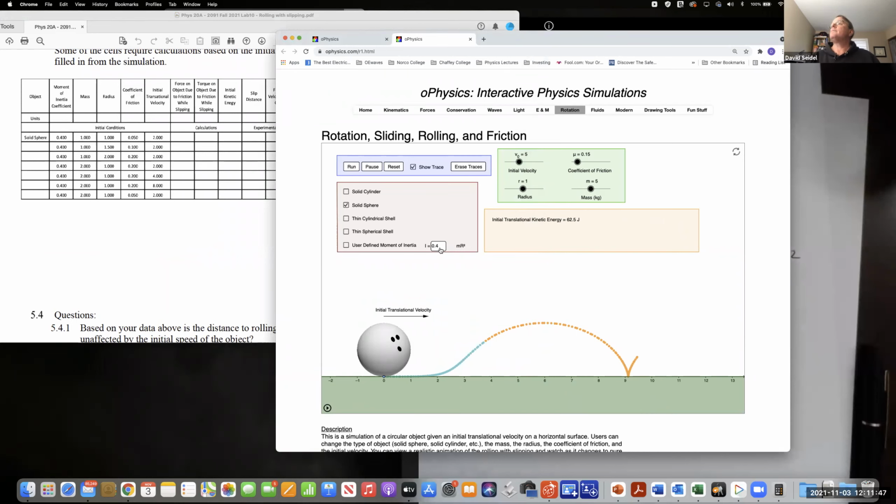0.4. Okay. Things like a mass of 1. Radius of 1. Coefficient of friction, 0.05. Initial velocity, 2.